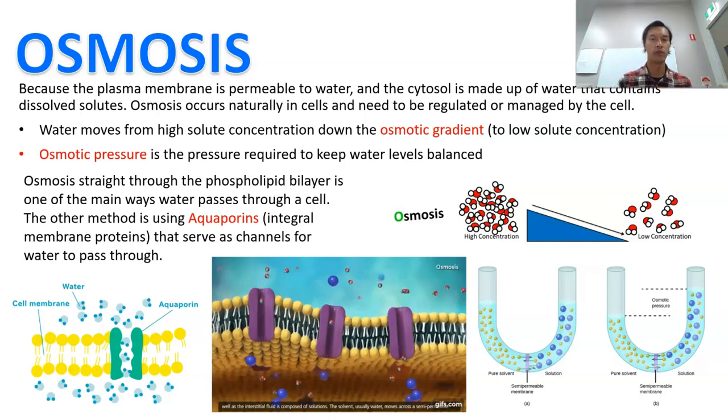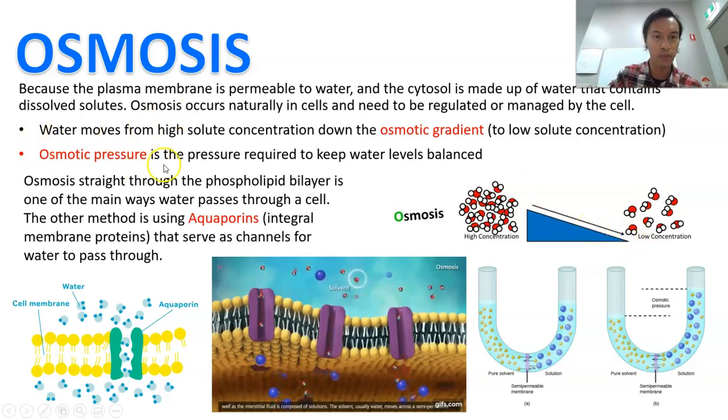It will move from the high concentration of solute down the osmotic gradient to where there is low solute concentration. And so that means that water is going to move and spread out just the way that other molecules diffuse. And that process means it also takes no energy, right? So it goes down the concentration gradient and it takes no energy.